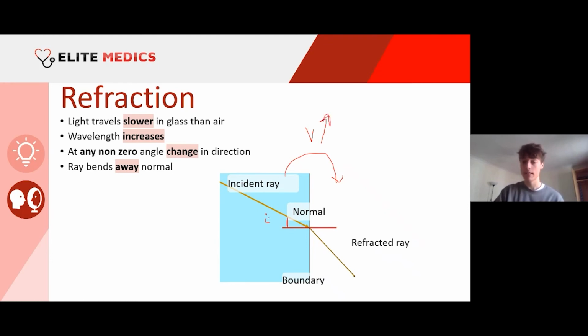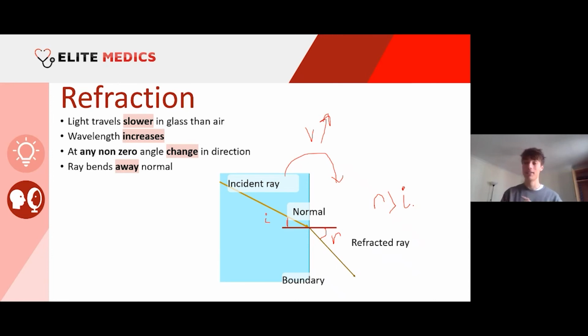If the speed increases, the angle to the normal will increase as well. As you can see here, R is bigger than I. So if speed increases, the wavelength will increase and the refracted angle will be bigger than the angle of incidence.